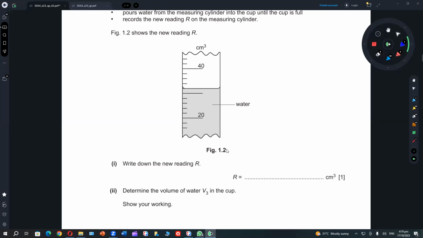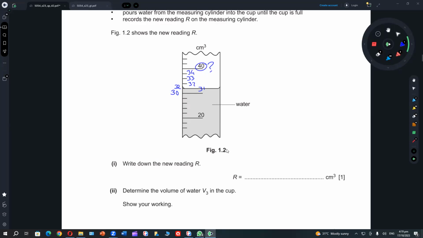So can you read for me? This is 20 and the center will be 32. The center is 30, is it not? I think it's 31. If you make it 31 and start moving up, how will you reach 40? 31, then 32, 33, 34, then how will you reach 40?